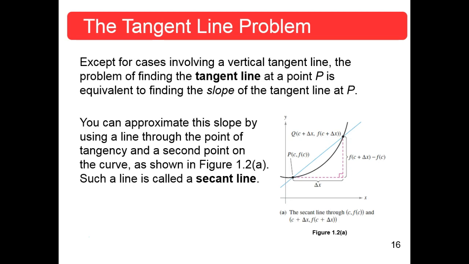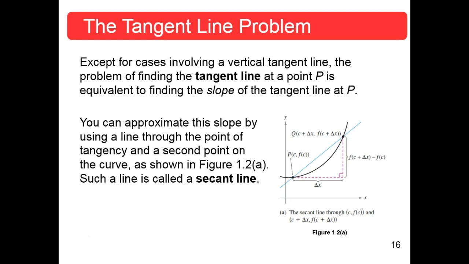It's undefined, totally undefined. So except for vertical tangent lines, the problem of finding a tangent line at any point P is equivalent to finding the slope of the tangent line at P. Because once you know the slope, you have a point, you can do the point-slope formula and you can do the equation of the line. But the thing is, how do you get that slope?